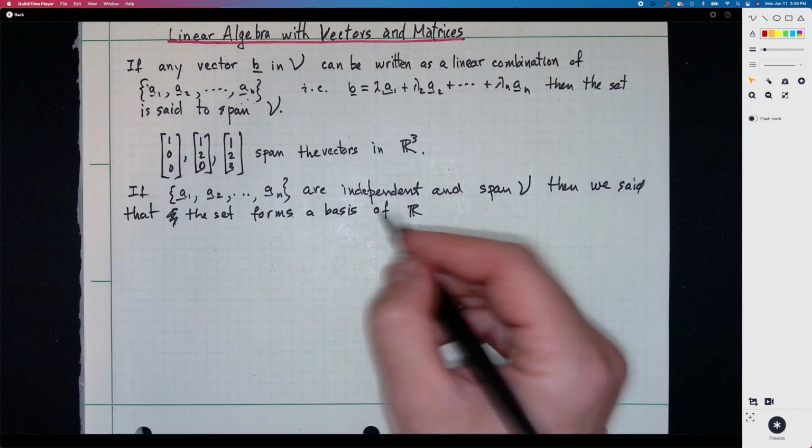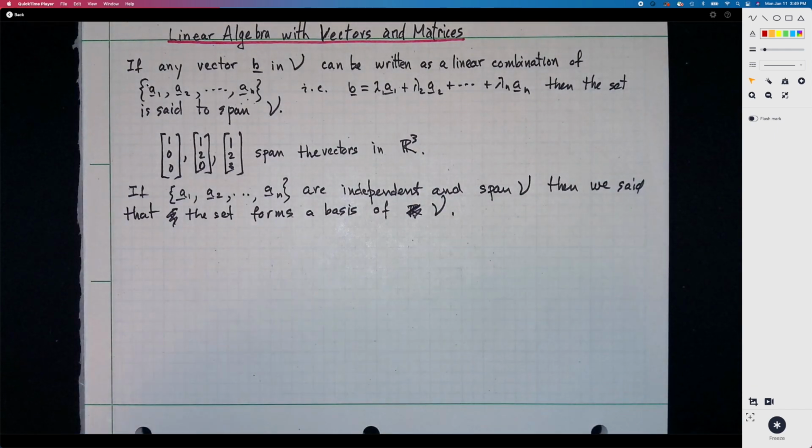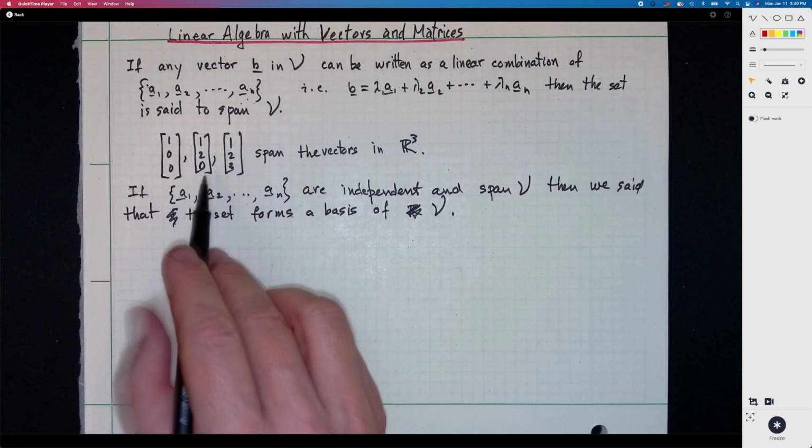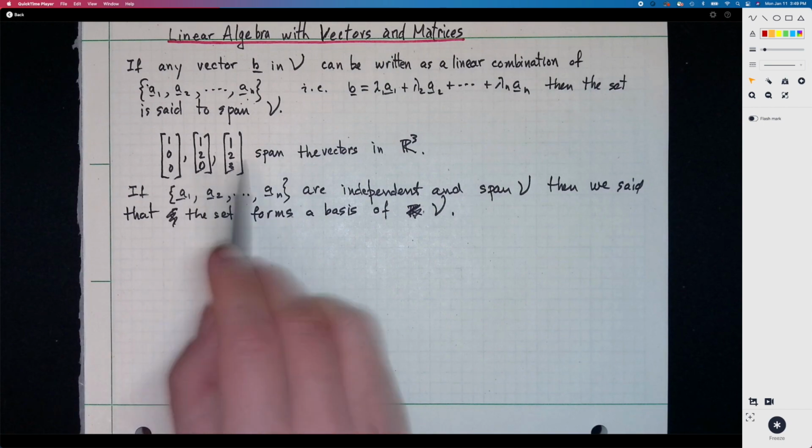Oh, sorry, of V. So, for example, these three vectors both span V and are independent, so they could form a basis.